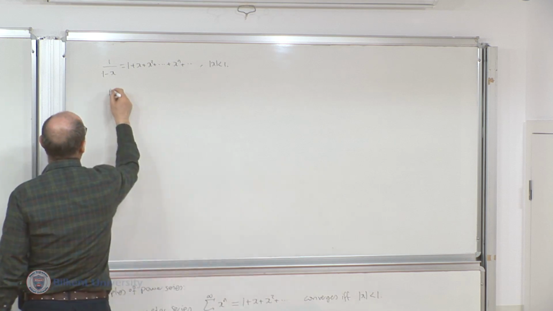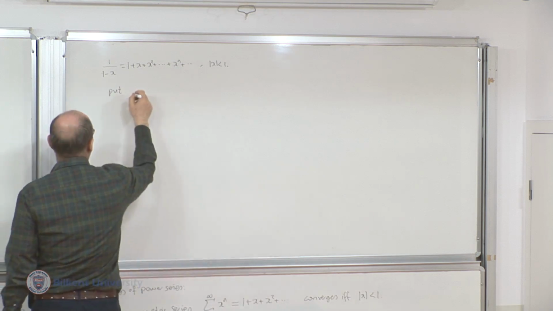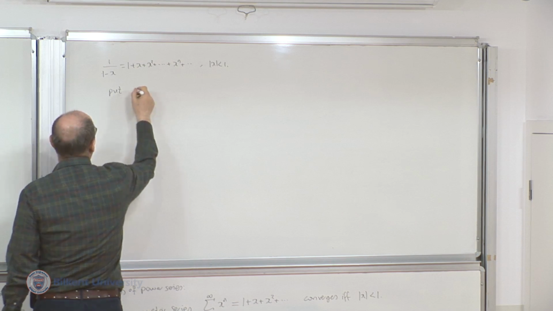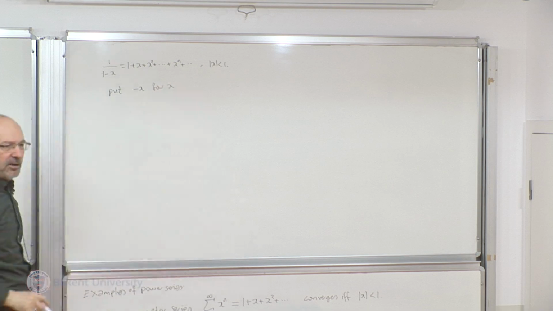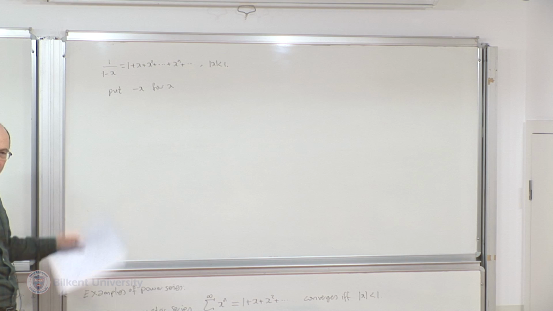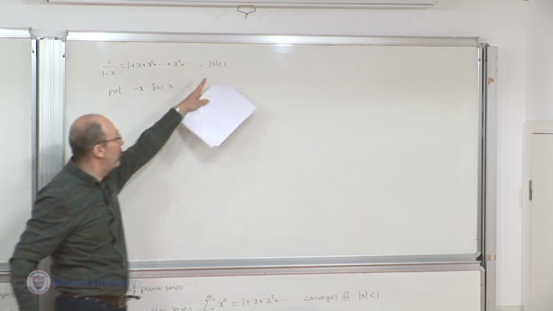This is generally what we'll do: put minus x for x. As long as the absolute value is strictly less than 1, you can substitute anything. That's the meaning of this.